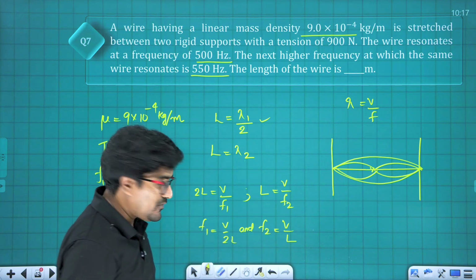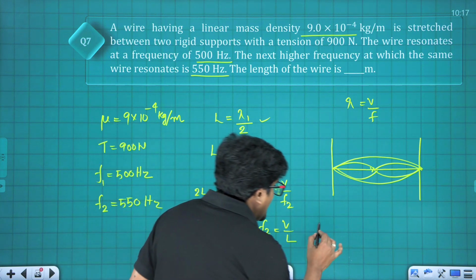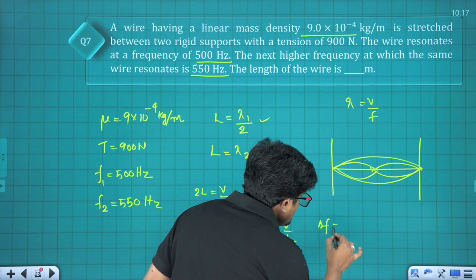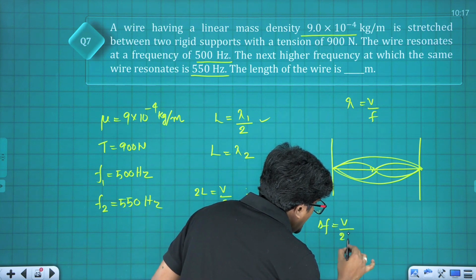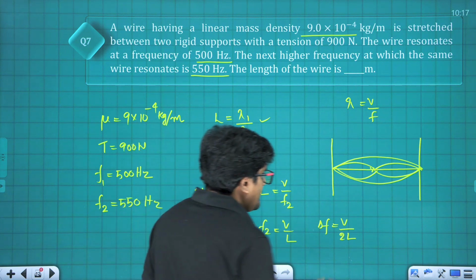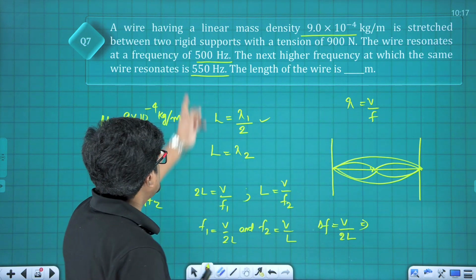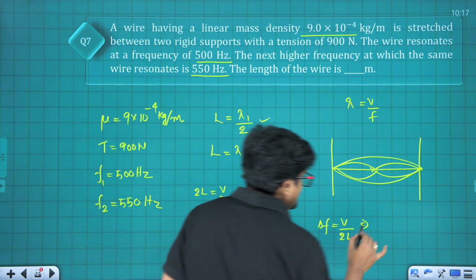So what is the change in frequency? Change in frequency, delta F, is V by 2L. So the change in frequency is V divided by 2L. From the problem, the change in frequency is just 50 Hertz.